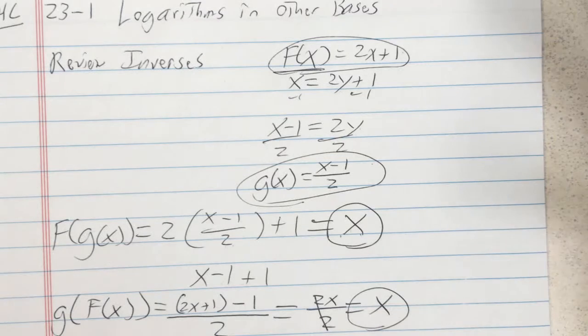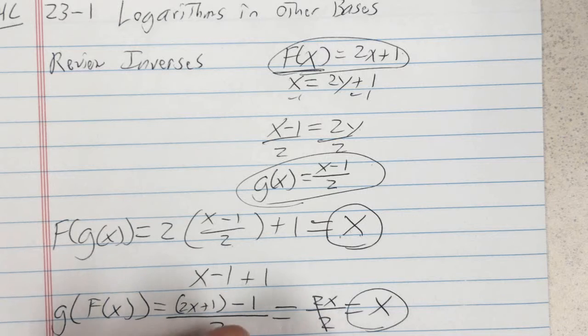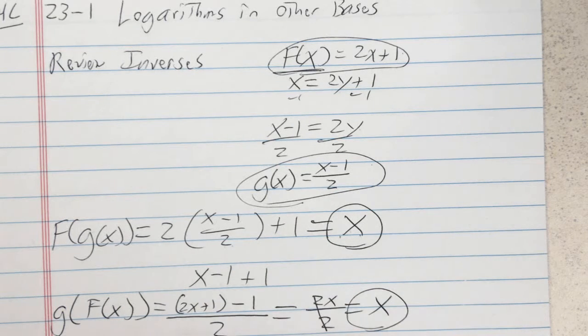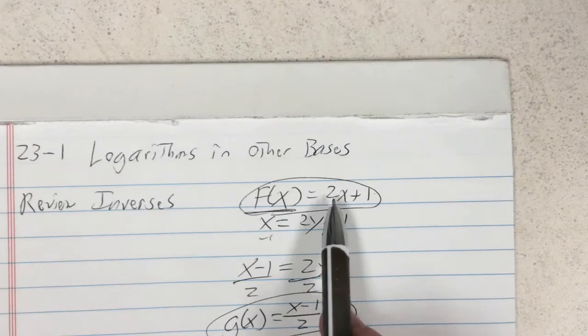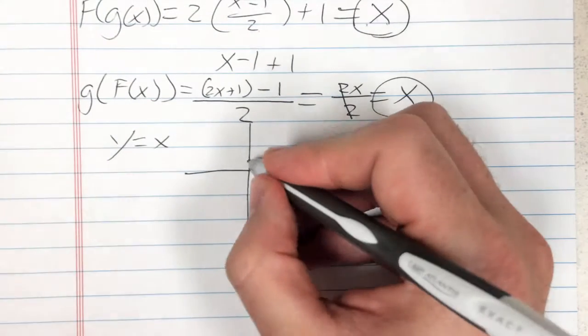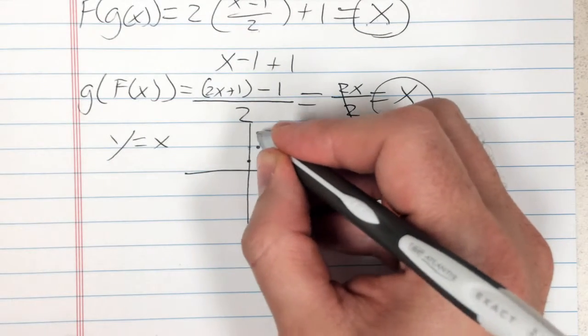All right, and remember another thing about them is that they are symmetrical across y equals x. So if we graph f of x, 2x plus 1, we'd start at positive 1, and it'd rise 2, run 1, rise 2, run 1.